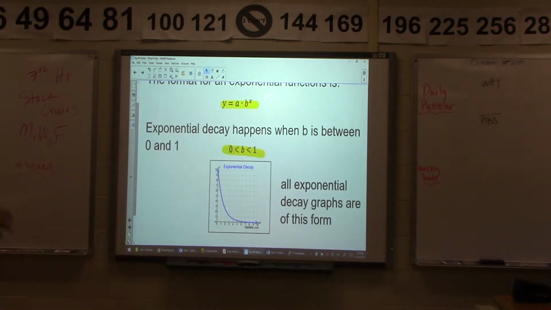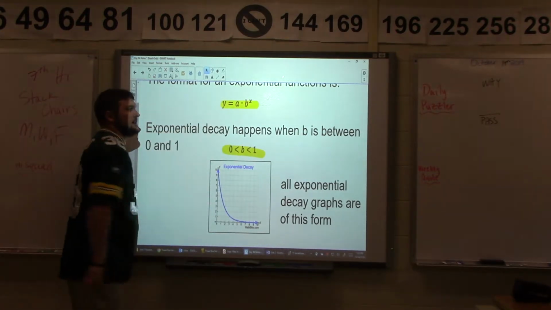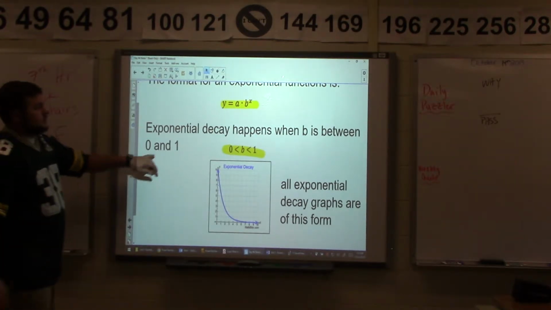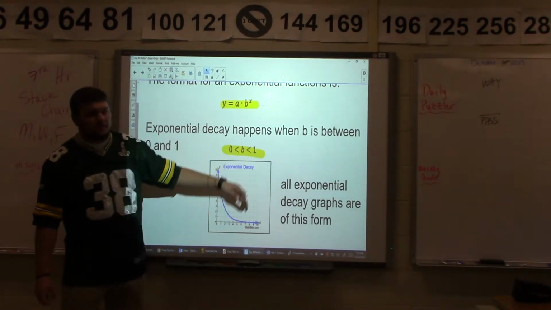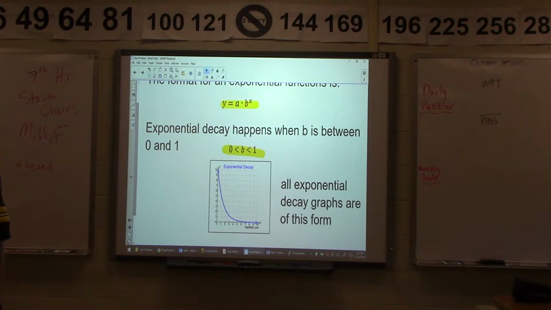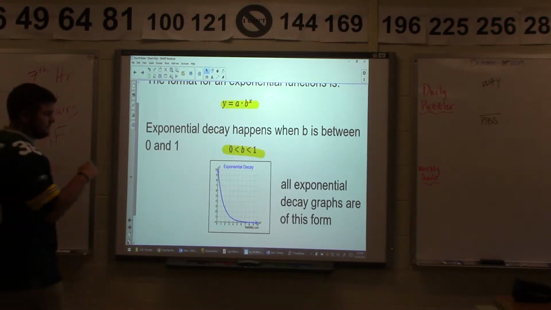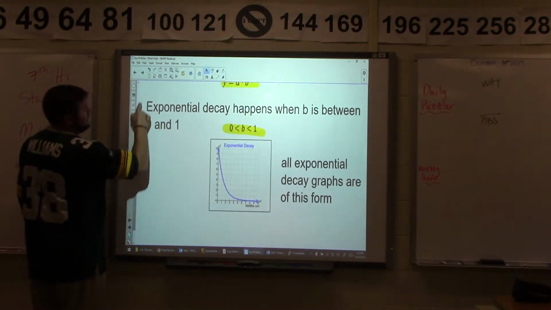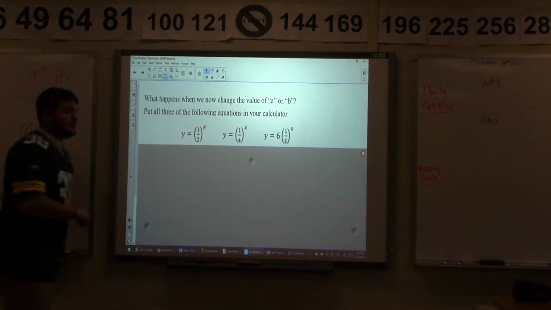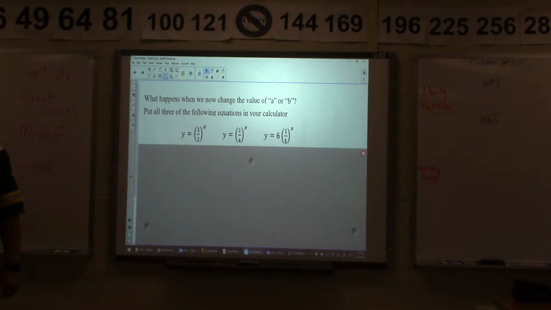Alright, so our function is the same, y equals 8 times b to the x. We know it's decay when b is between 0 and 1. So growth happens when b is greater than 1. Decay happens when it's between 0 and 1. If I'm looking at these 3 functions right here, first of all, are they all going to be decay?